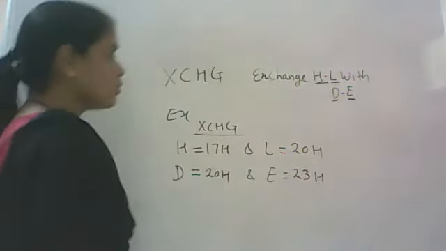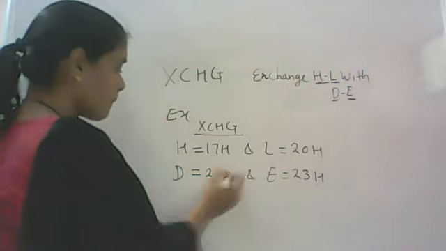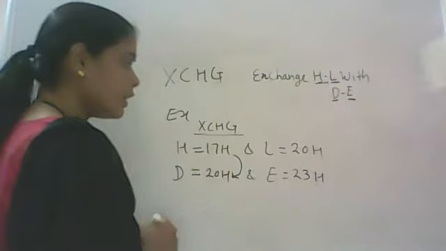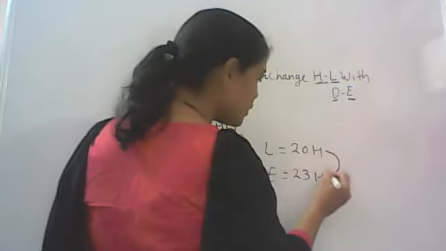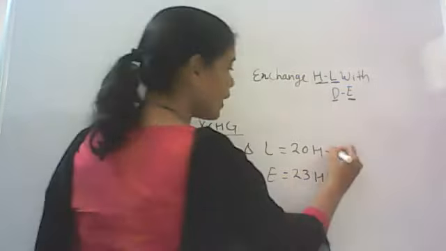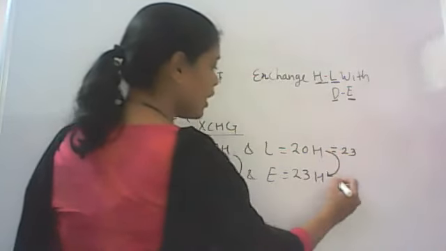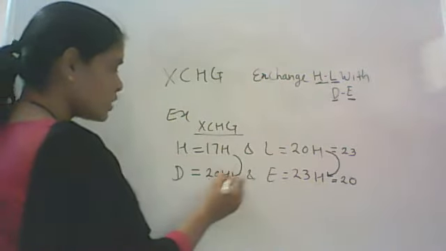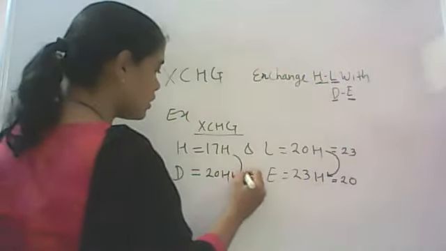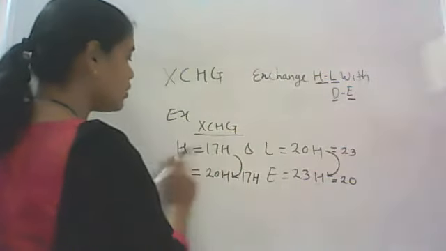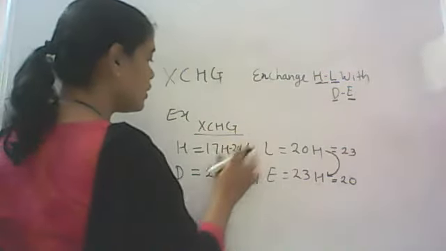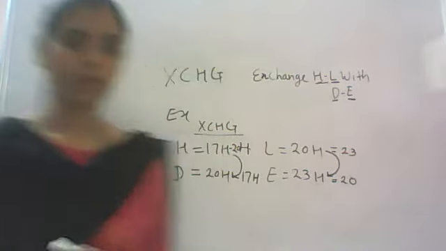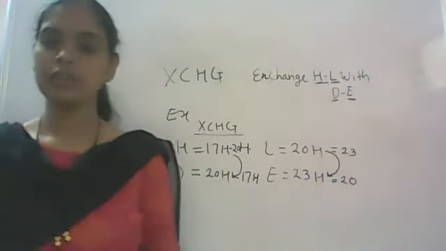Using this exchange instruction, H exchanges with D and L exchanges with E. So here L equals 23 and E equals 20. Here H exchanges with D, so D contains 17 hex and H contains 20 hex. Okay, got it? Using the exchange instruction.